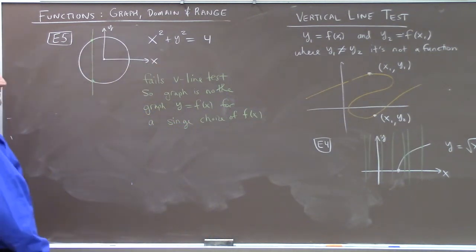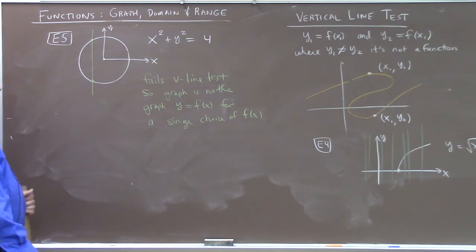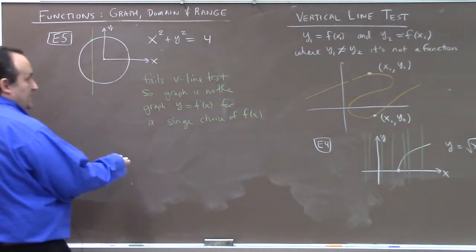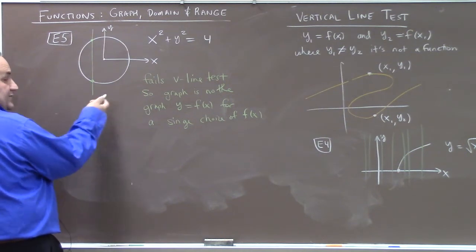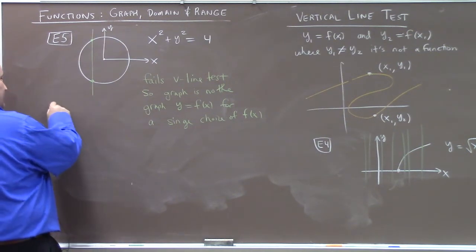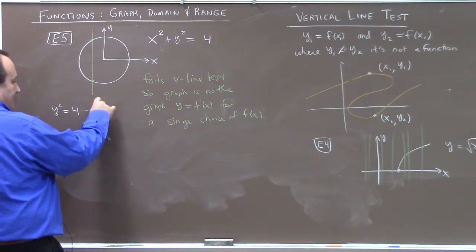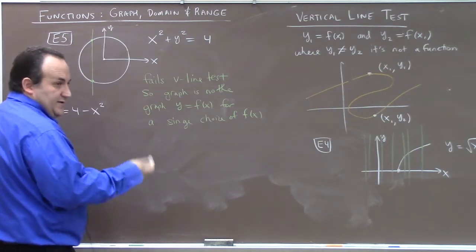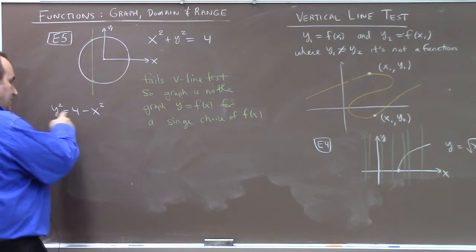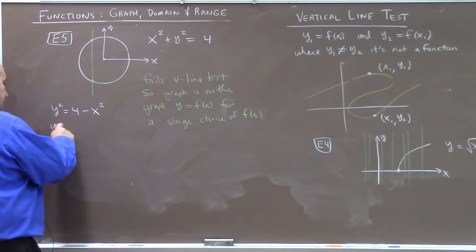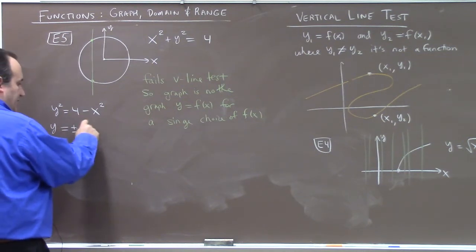Now this one here, you can actually understand what's going on, and I think it's interesting to do this. If we have x squared plus y squared equals 4, we also have y squared is 4 minus x squared. When you solve this for y, you take the square root of both sides, but you have to allow for plus or minus. That gives us plus or minus the square root of 4 minus x squared.